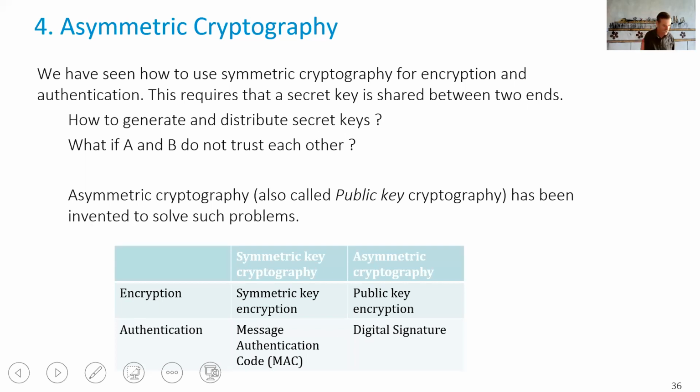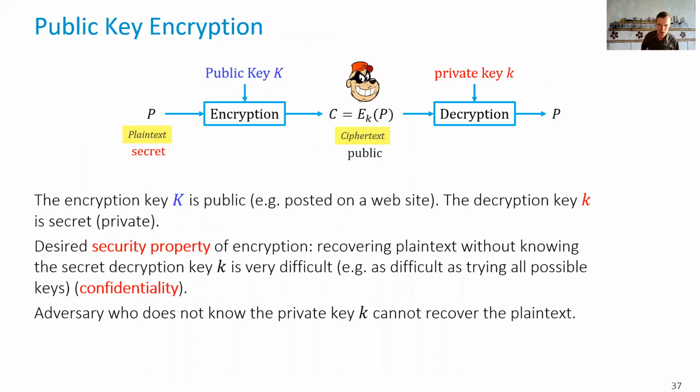So asymmetric cryptography provides the same types of functions as symmetric, encryption and authentication, but they have different names. Asymmetric encryption is typically called public key encryption, and when it's used for authentication, it's called digital signature. So this is what we will discuss now.